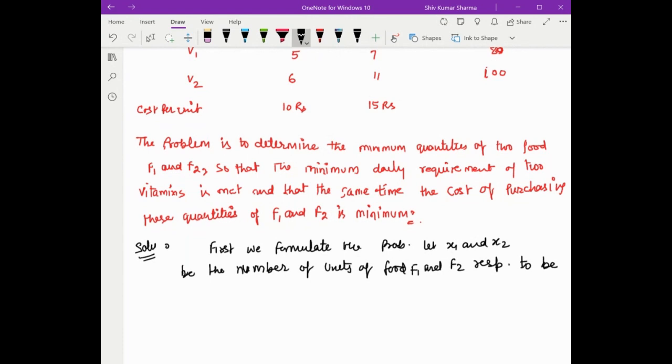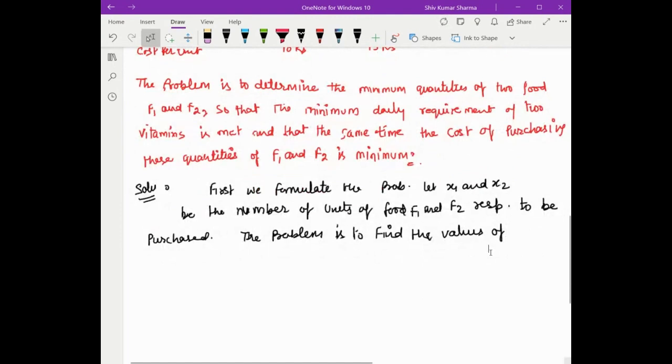To be purchased. The problem is to find the values of x1 and x2.